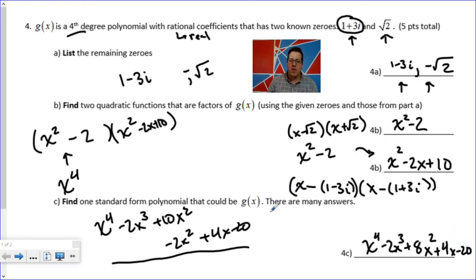Now the reason that I say that there are many answers is also any constant multiple of this would work as well. So if I did 2x to the 4th minus 4x cubed plus 16x squared plus 8x minus 40, that would also work.